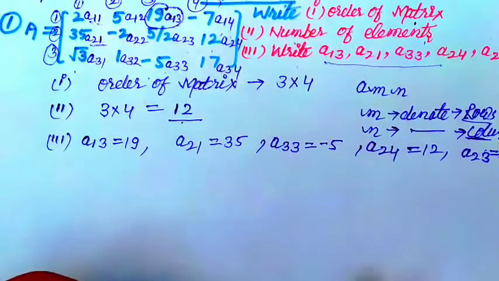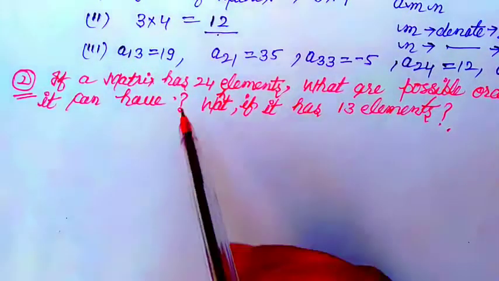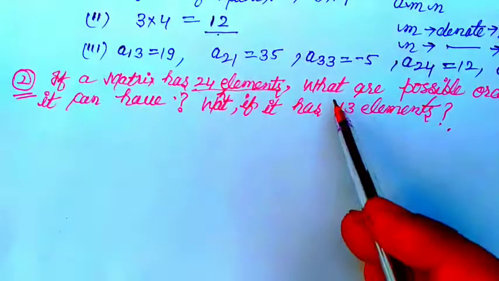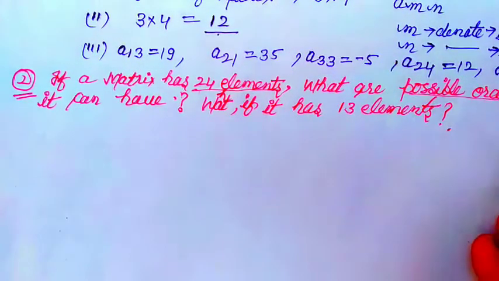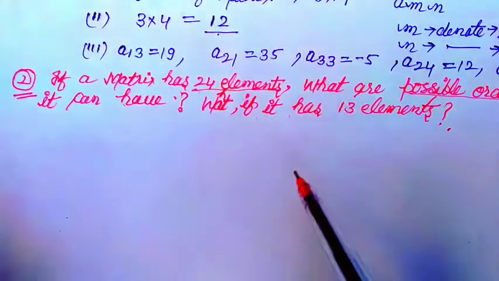Now move to question number 2. If a matrix has 24 elements, what are the possible orders it can have? What if it has 13 elements?